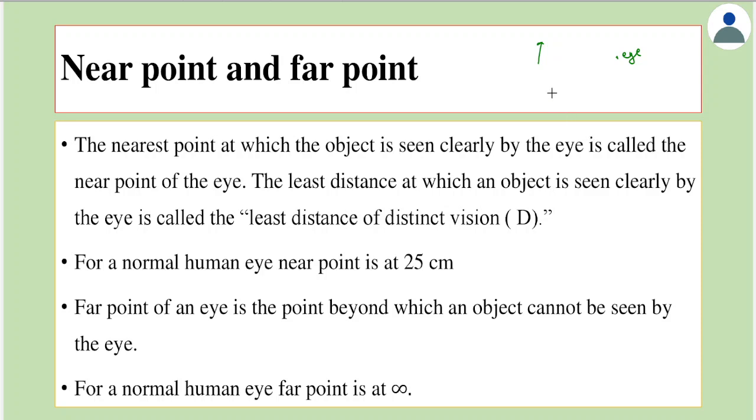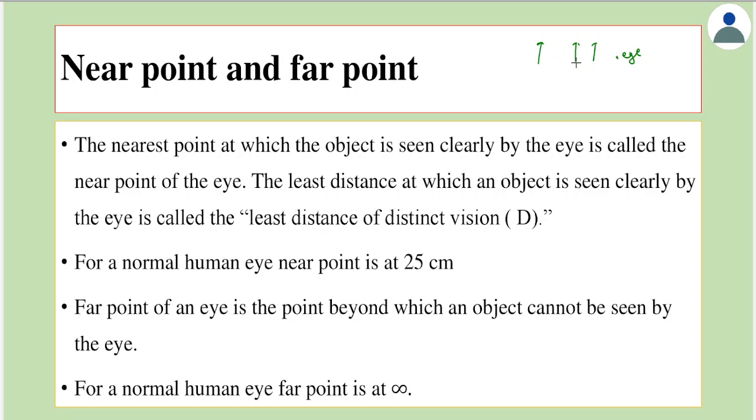Imagine that this object is brought closer and closer. Think of bringing a pen close to your eye. When the pen is brought closer and closer beyond a certain point, if you look at this point as where it is seen clearly, and the pen is brought still closer, then the pen cannot be seen distinctly. That is, the human eye can see something is present there but cannot see it distinctly.